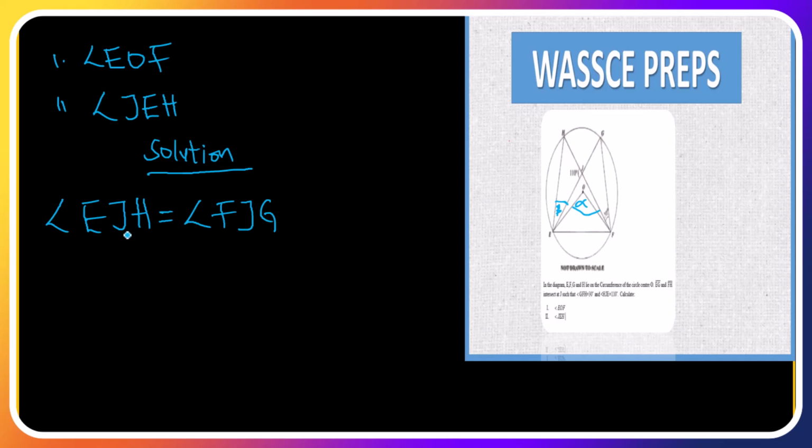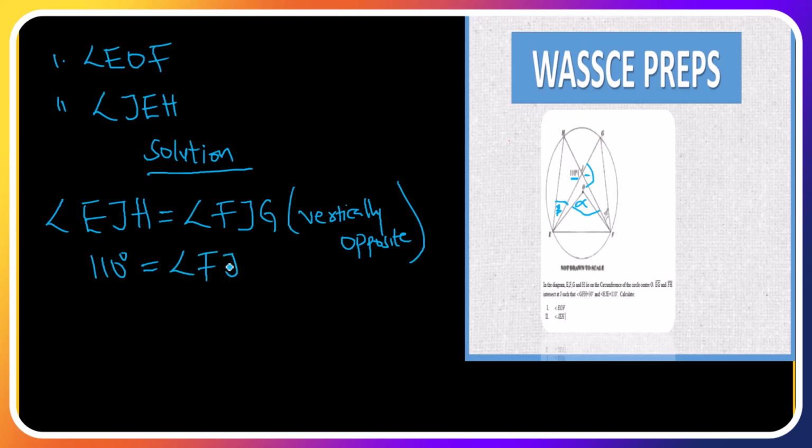What property links or equates these two angles is the vertically opposite angle. The angle here is vertically opposite to the angle here. Therefore, we have 110 degrees here, is equal to the angle FJG. So our angle here is 110 degrees.